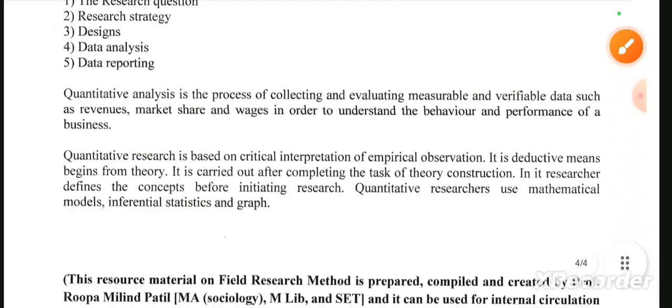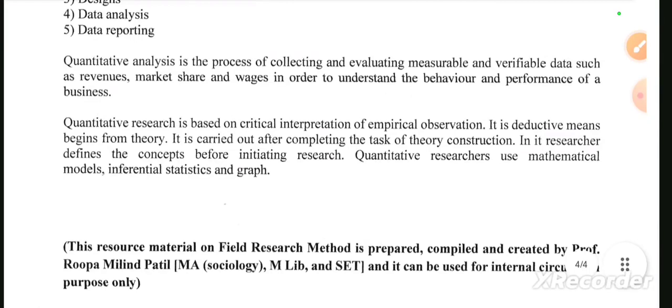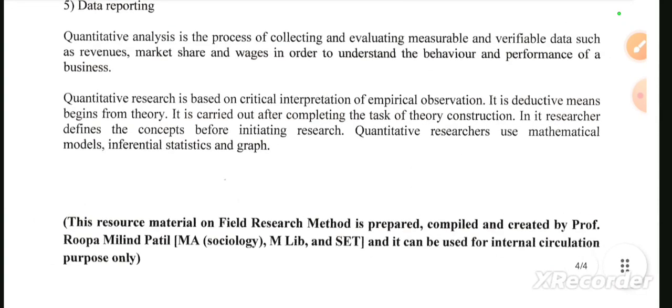Quantitative analysis is the process of collecting and evaluating measurable and verifiable data such as revenues, market shares, and wages in order to understand the behavior and performance of a business. Quantitative research is based on critical interpretation of empirical observations.